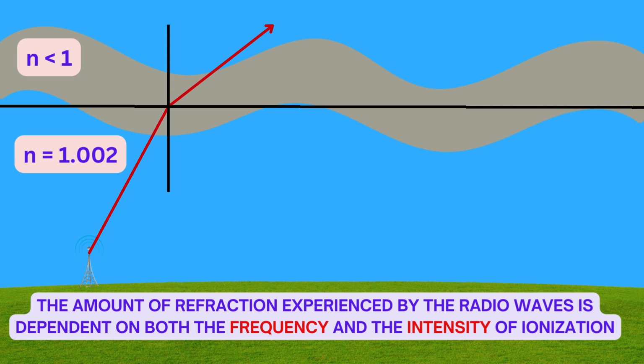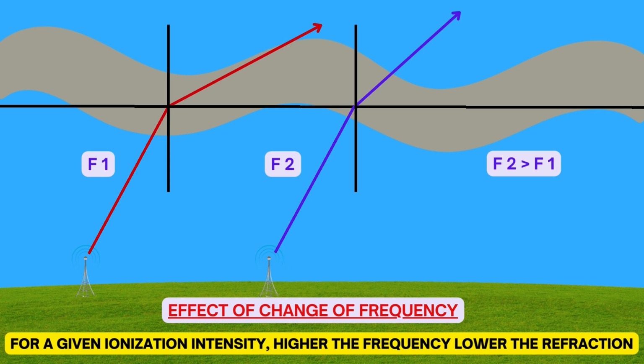And the amount of refraction experienced by the radio waves is dependent on both the frequency as well as intensity of ionization. So let us discuss the effect of frequency and intensity of ionization one by one. First, let's see what is the effect of change of frequency.